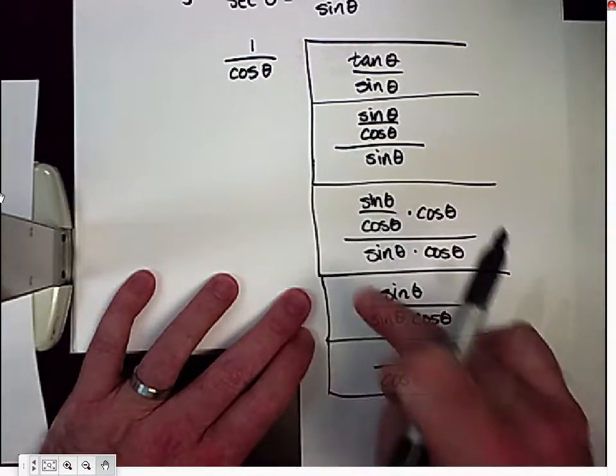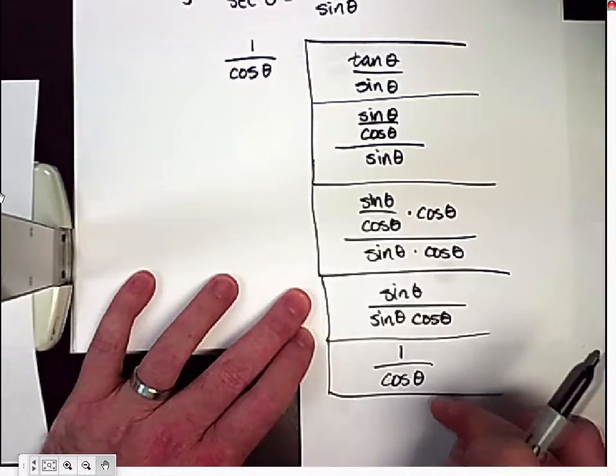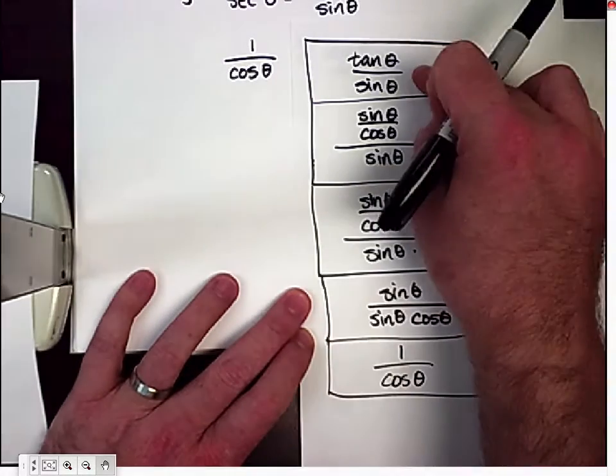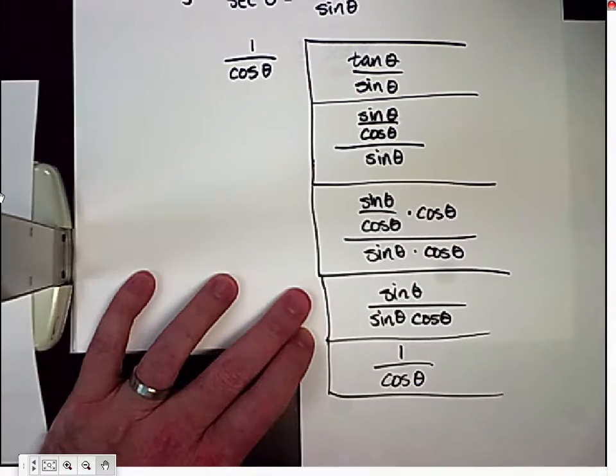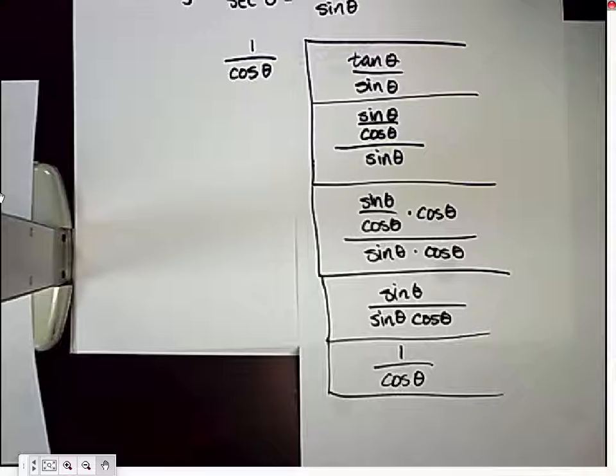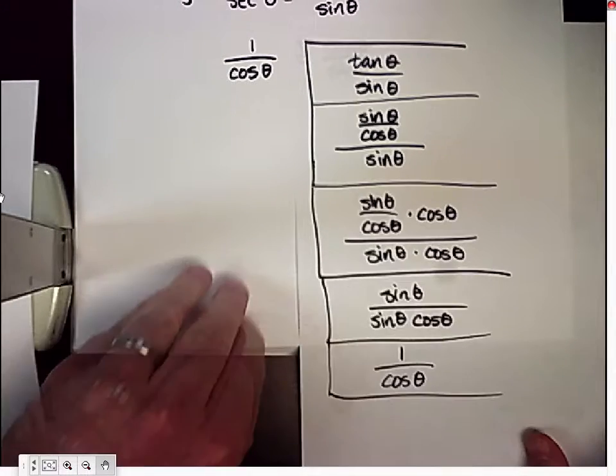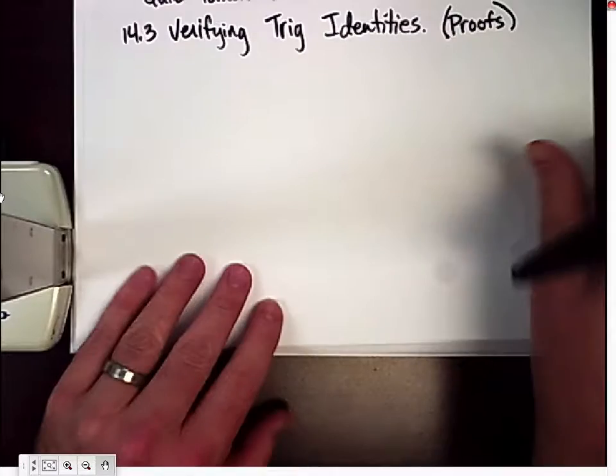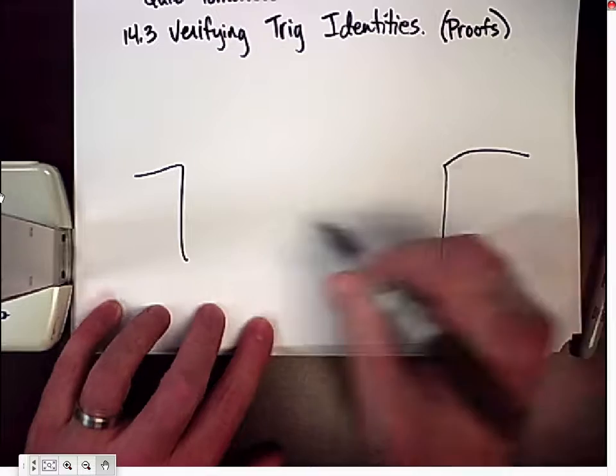Once you get what you have over here, write the steps in the reverse order over here. Okay? Think about it like this, okay? You're trying to get from one side to the other.